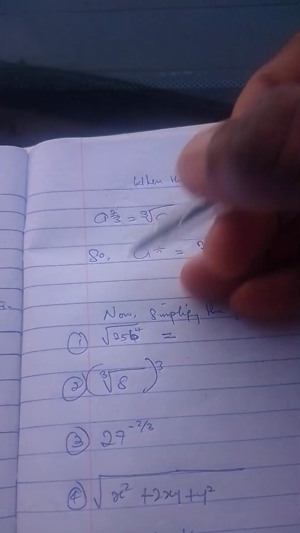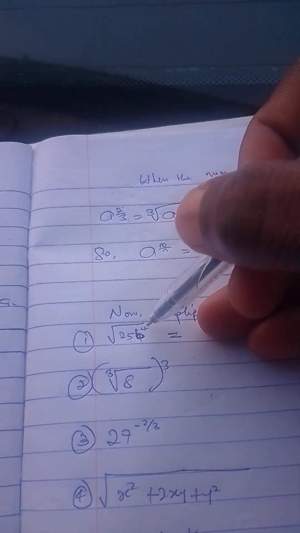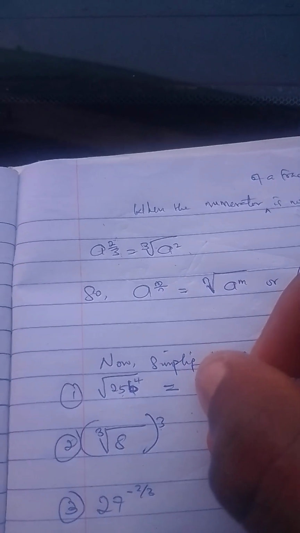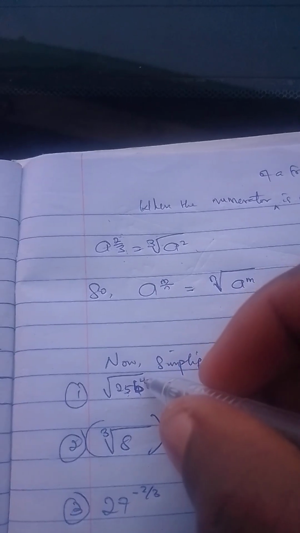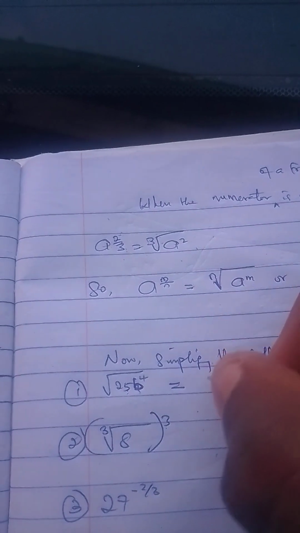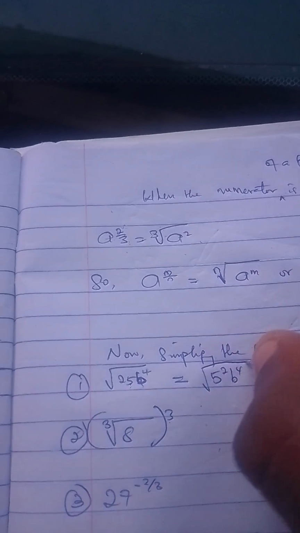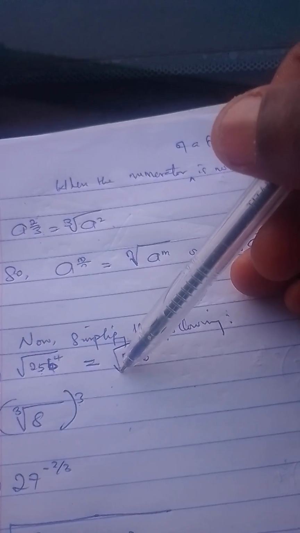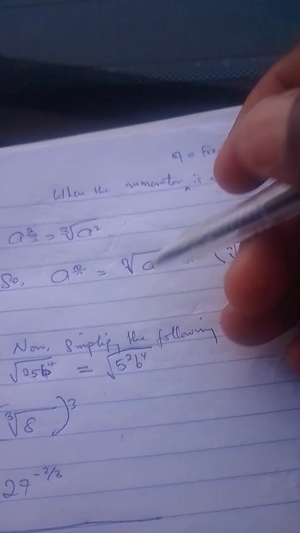So in that case, when I have 25b raised to power 4, it can exist as 5 raised to power 2, while this is b raised to power 4, and this is roots. Then remember that this root is standing for 1/2. So 1/2 multiplied by this is going to eliminate it this way.